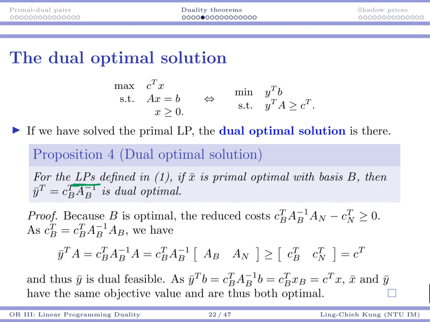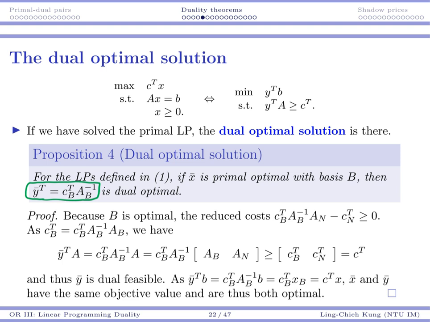Consider a pair of linear programs. If x bar is primal optimal given a basis, all right? In that case, once we know the optimal basis, then this equation is going to give us a dual optimal solution.